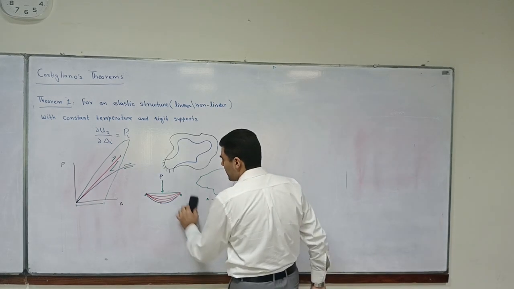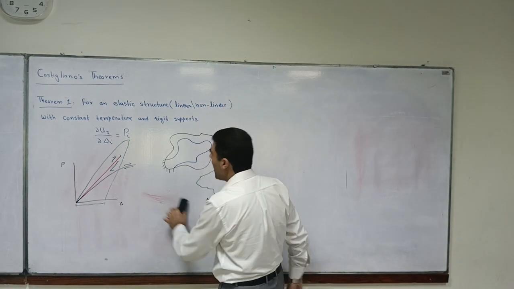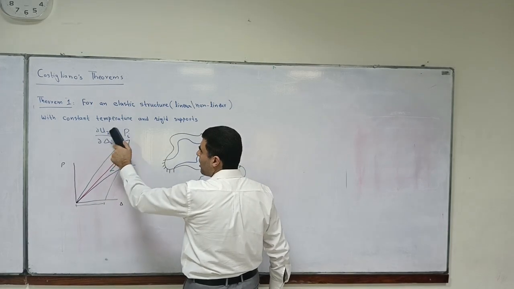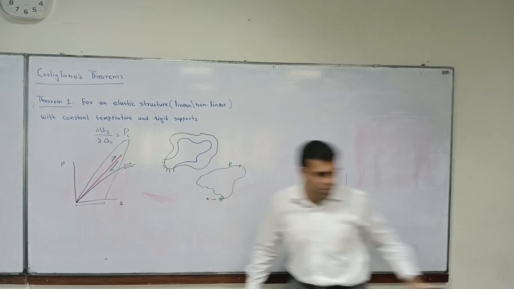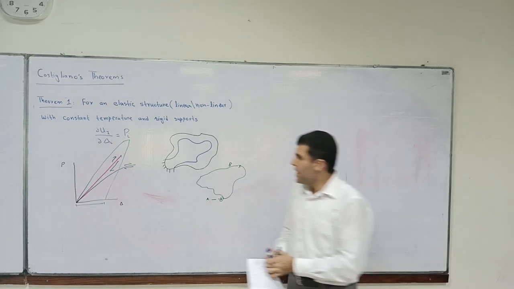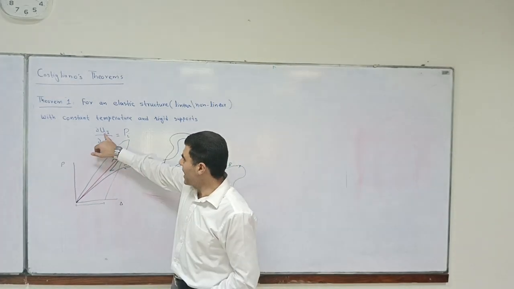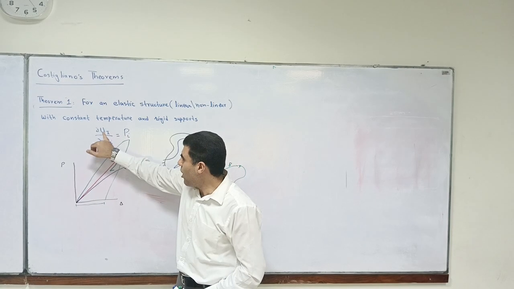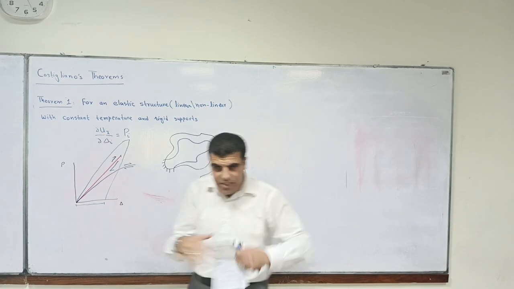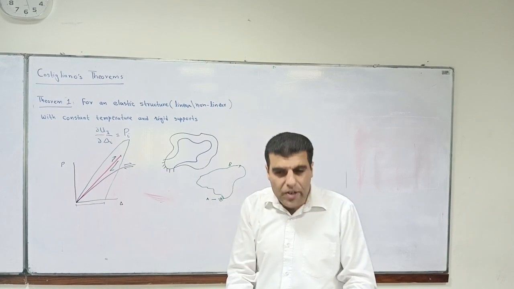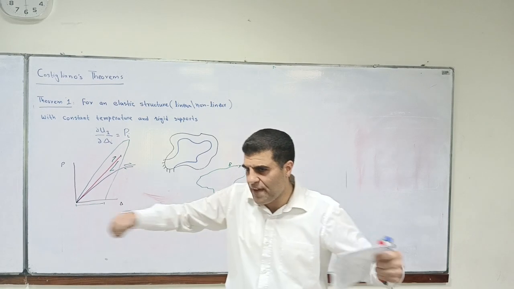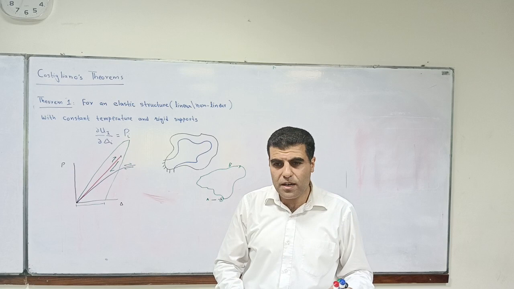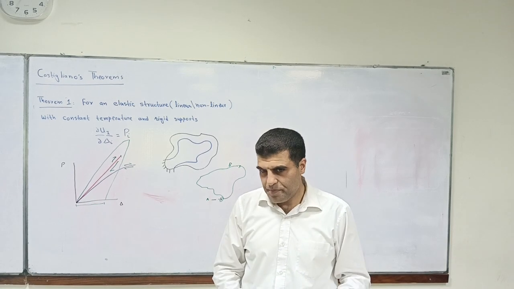So my point is that if you have an elastic structure with a constant temperature and rigid supports, then the internal energy, the energy which goes into the system, can be in the form of extension or in the form of a bending moment.